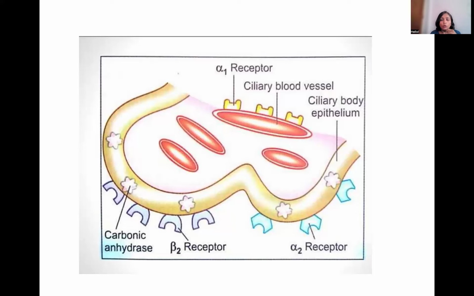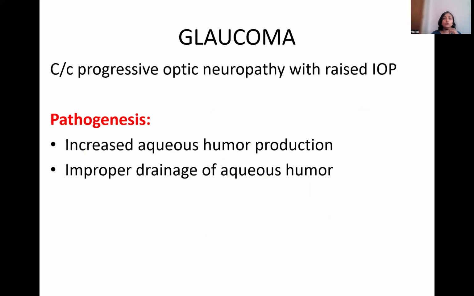Okay. So, based on this pathogenesis, how can you target glaucoma? How can you therapeutically treat glaucoma? I told you that there is increased aqueous humor production. That means you have to decrease the aqueous humor production. How will you decrease it?